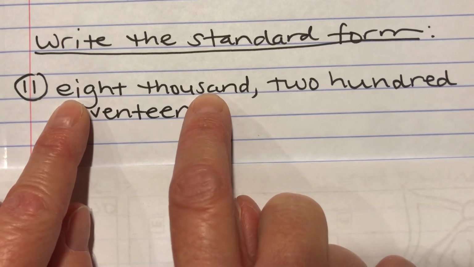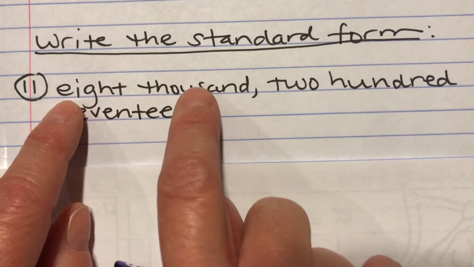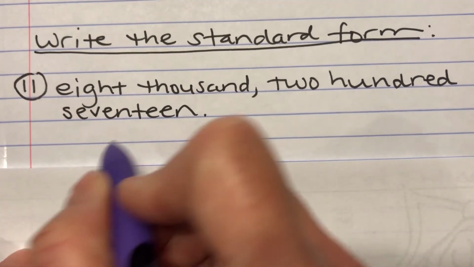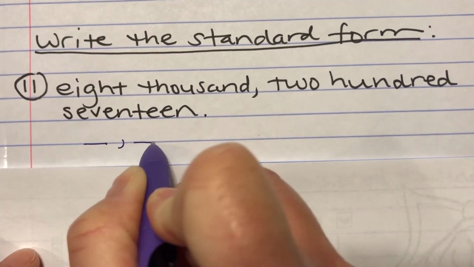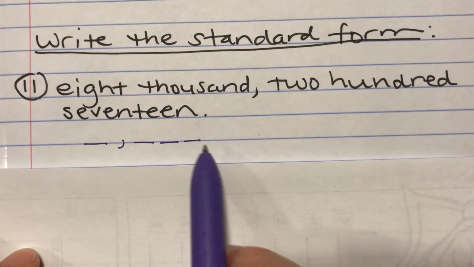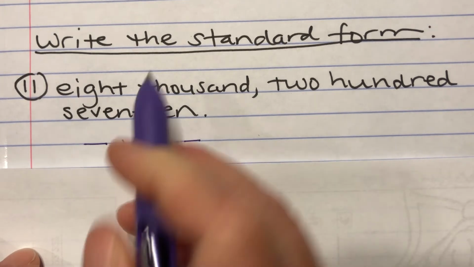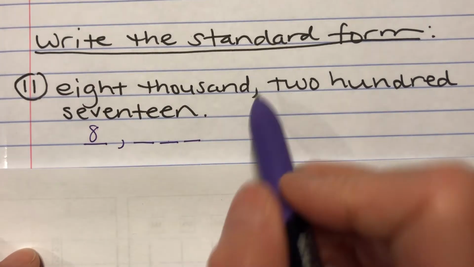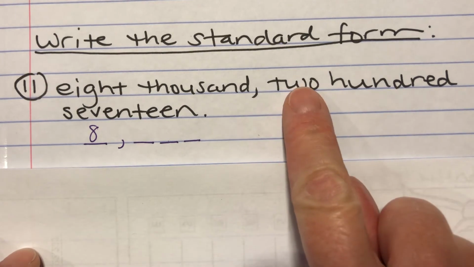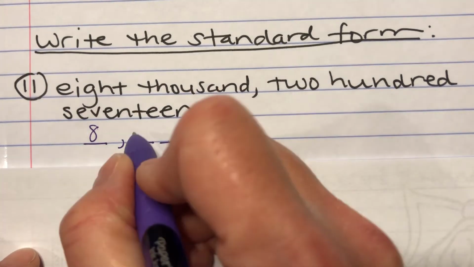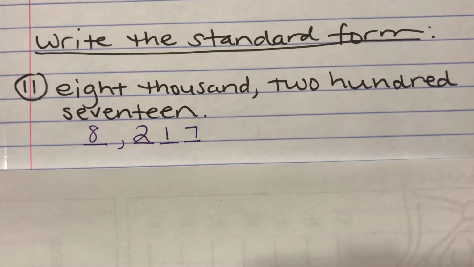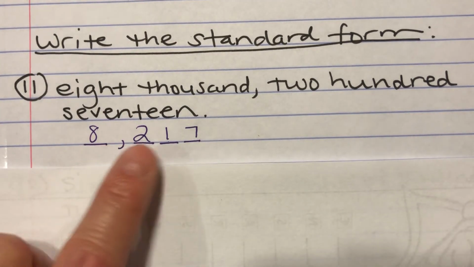So I know that I have to have an 8 in the thousands place, right? So I'm gonna set myself up here. So I have ones, tens, hundreds, thousands. So 8 would go right there. And there's my comma. And the second part says 217. So this is what you should have, 8,217.